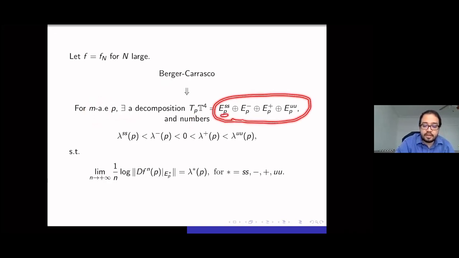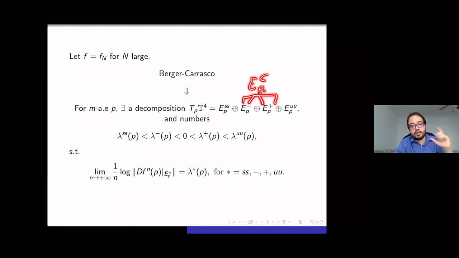So you have the uniformly hyperbolic directions that come from the partially hyperbolic splitting. The center direction at this point is decomposed into two one-dimensional directions, which are the Oseledets directions.